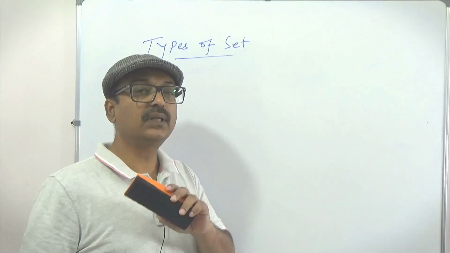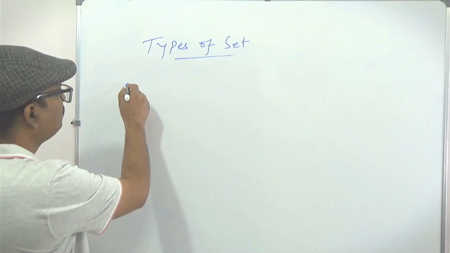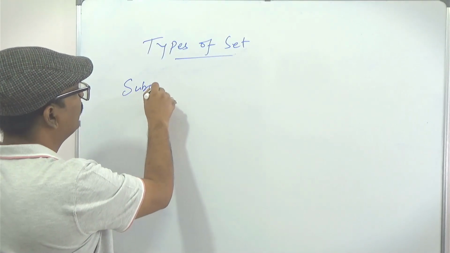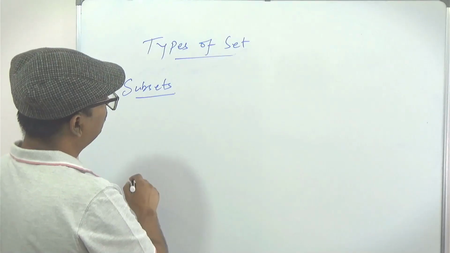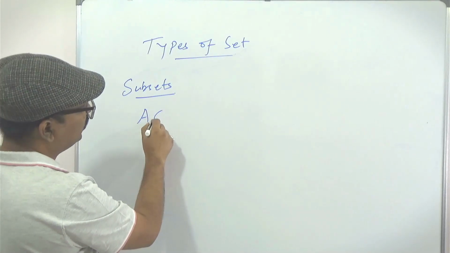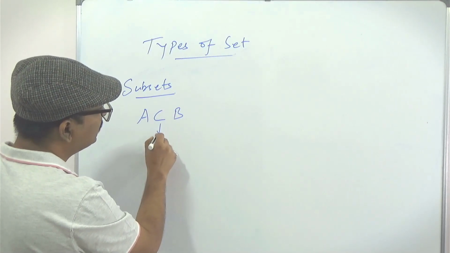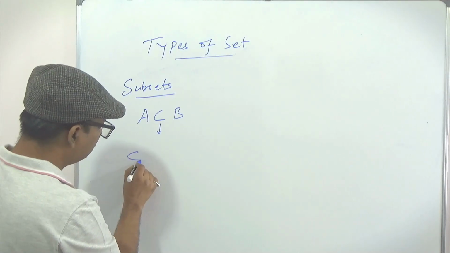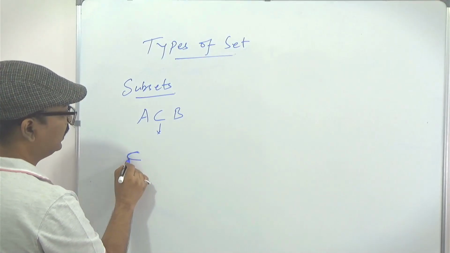Now we will see what are subsets. We say a set A is a subset of B. This is the sign of subset. Writing like this.